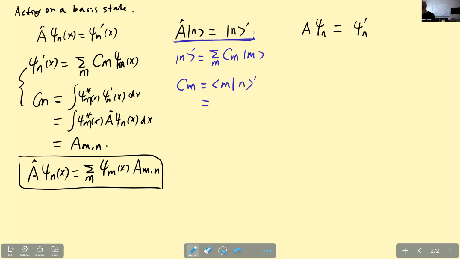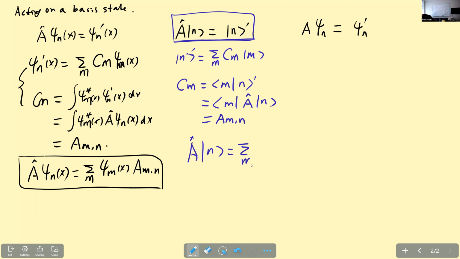But this new state is nothing but A acting on this psi_m, right? So this is nothing but just the matrix elements, of course, right? So that means, again, you have this one. Okay, that's very interesting, right?